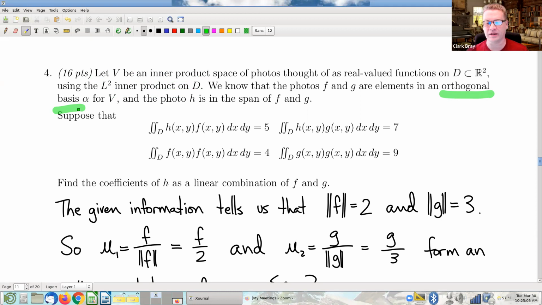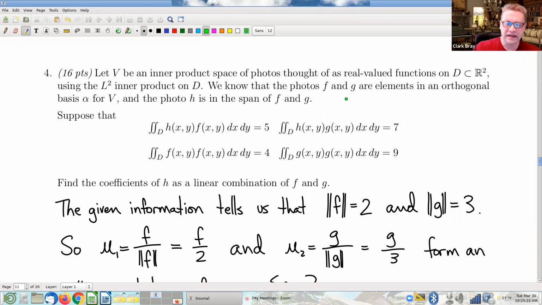And so I don't want to get into that. That's too much, but a lot of really interesting and powerful ideas in that question. We're just going to assume that we have an orthogonal basis. Okay, and specifically, we're going to focus on 2 of the vectors in that orthogonal basis, calling them F and G.